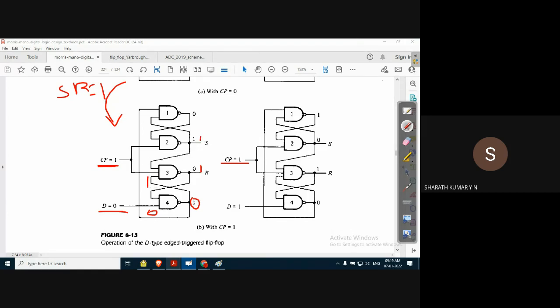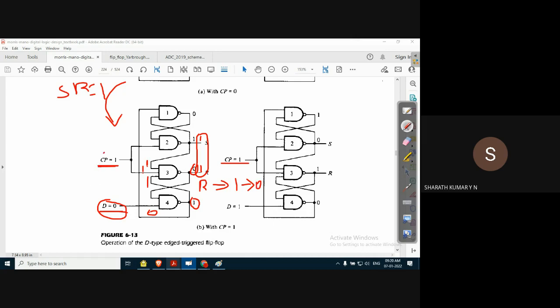Initially it was 1 1, but because of D being 0, the output of the NAND gate is 1 and clock pulse is also 1, which will force the output of NAND gate 3 to go to 0. That means R will transit from 1 to 0. R will change state from 1 to 0. Okay, fine.